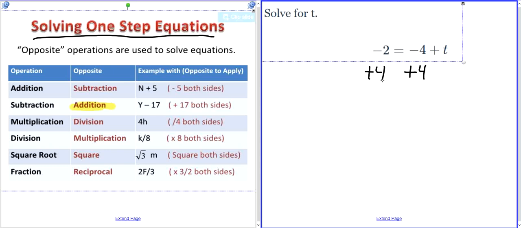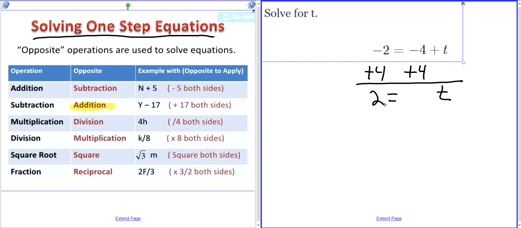Negative 4 plus 4 gives us 0, and that leaves us with t. And then negative 2 plus 4, different signs, find the difference. 4 minus 2 is 2. And since the 4 is bigger, we're going to leave it positive. So t is equal to 2.